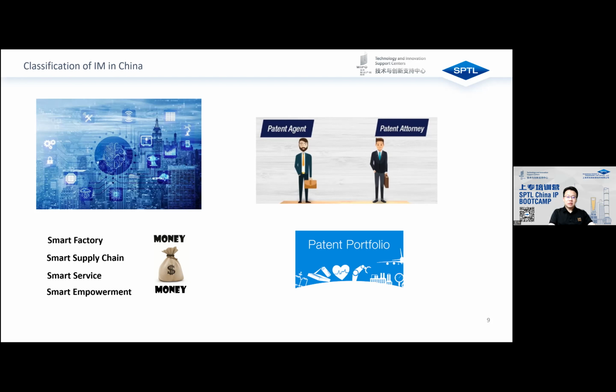For patent attorneys, please also keep an eye on integration technology, because it may help you establish a more complete and effective patent portfolio for your clients.